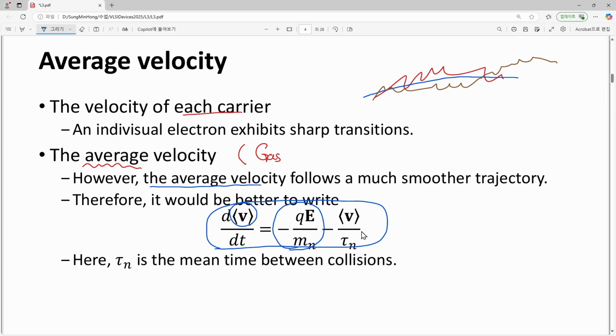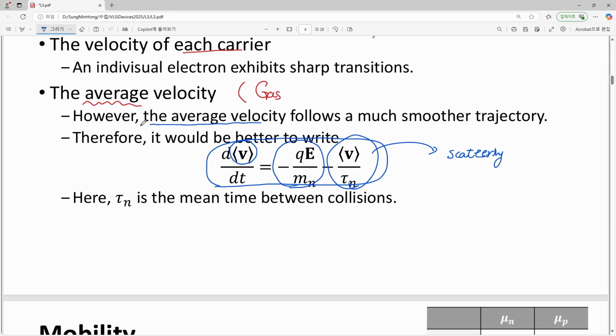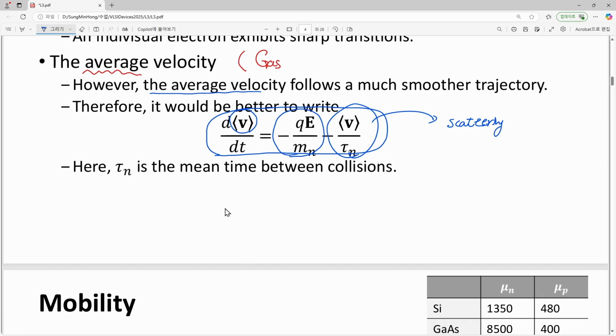This is related with scattering events, and so we can write down an equation for the average velocity. Then if we go to quite a long time, let's go to t equal to infinity, let's assume that there exists a certain steady state value.